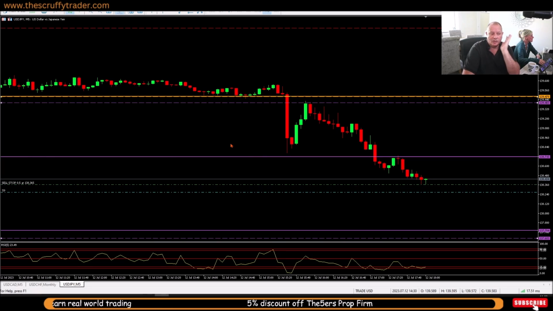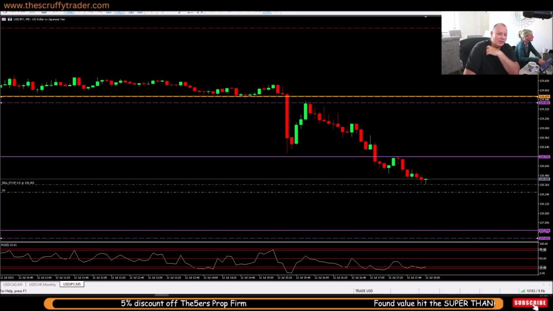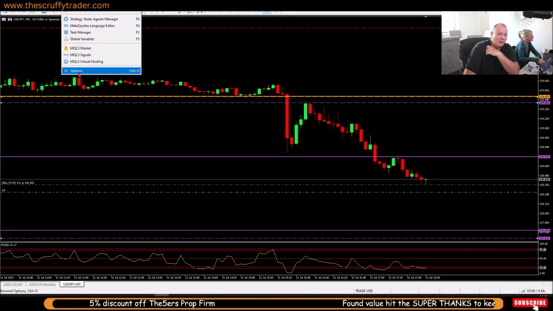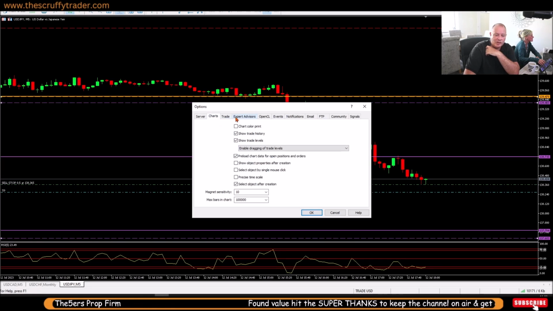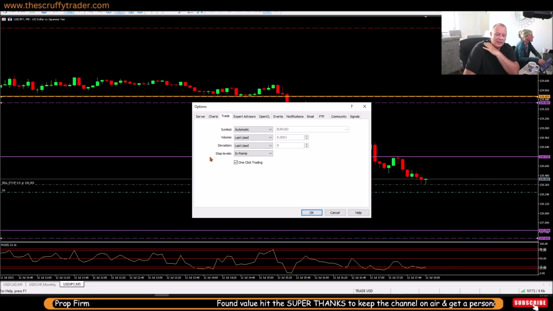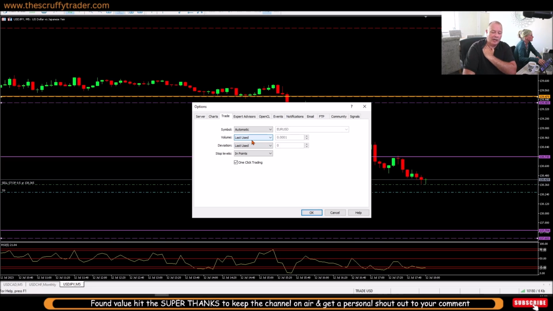In fact, that's another good thing to look at when we're looking at MT5. What I'll say about MT5, if you look up on the top section, you'll see a bit called Tools. Come to Options, and if you look at the Trade section, you can set it to the last volume used, so you're not really having to work out positions.